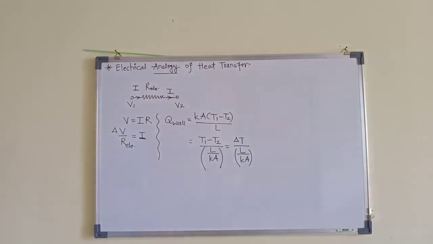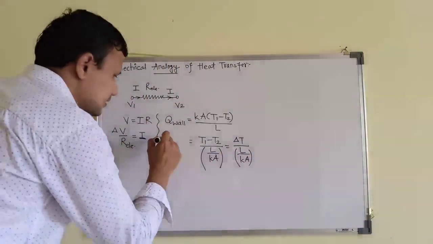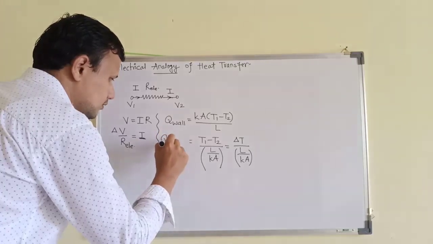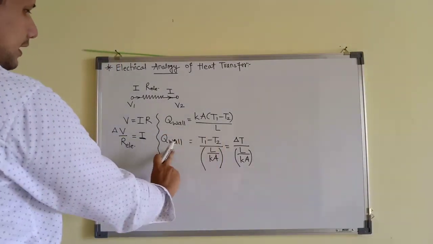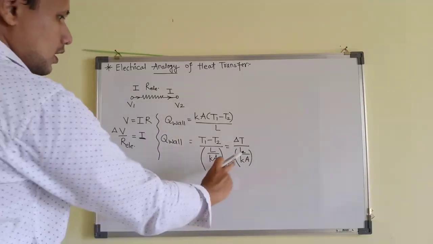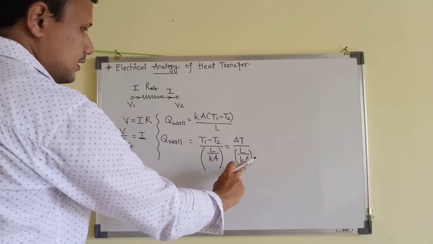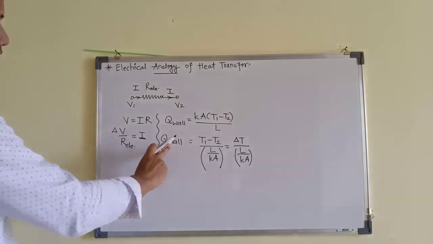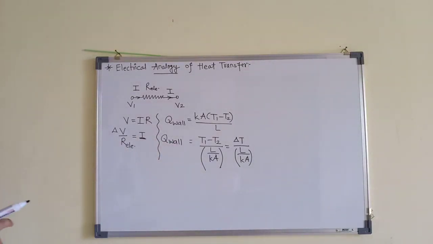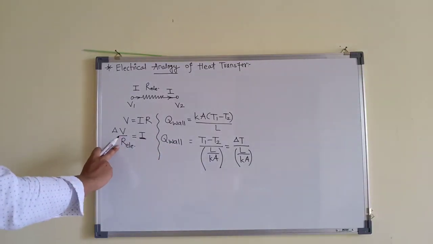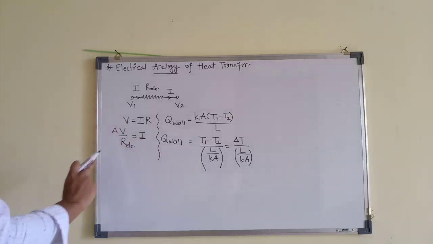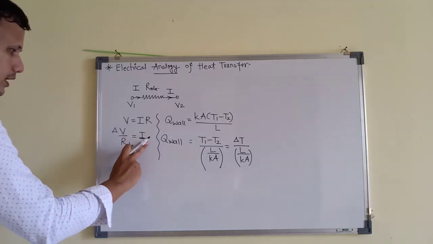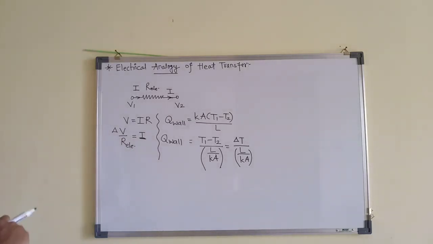So what we observe over here, when we correlate this equation with heat transfer in the wall, our observation tells us that if delta T is more, the heat transfer rate will be more. But this quantity at the denominator is actually opposing the rate of heat transfer. It is very similar to electric current flow. The electric current will be higher if the potential difference is higher, but then this flow is being opposed by the electrical resistance.